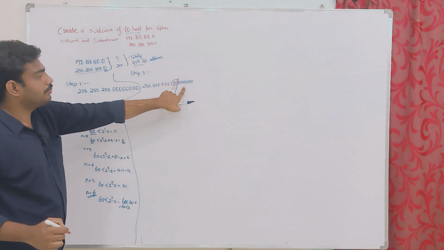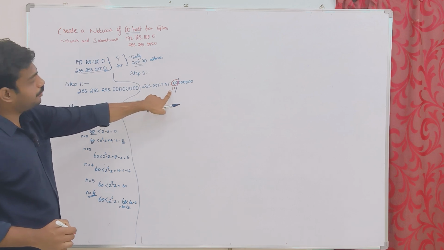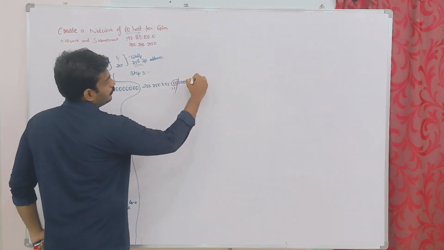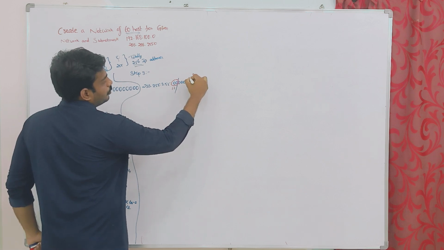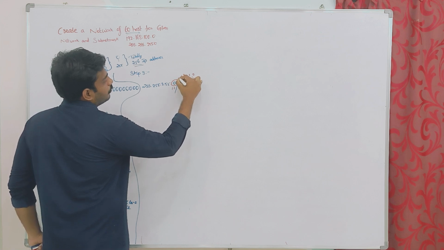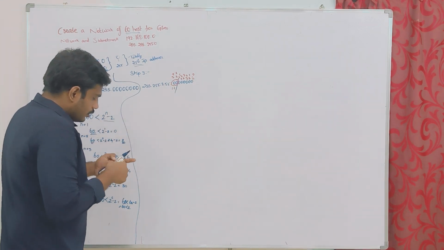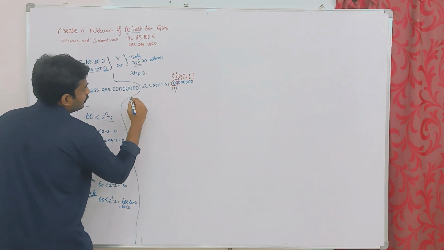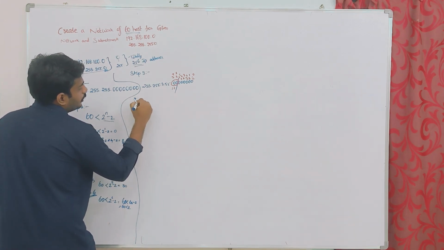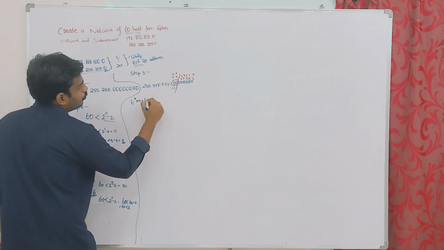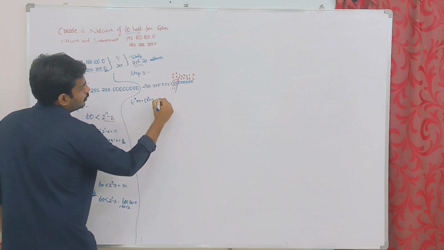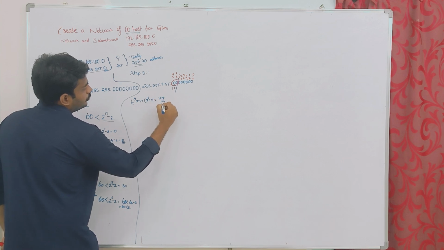Once you find the host portion, the rest of the portion you change into 1 and multiply with 2 power 0, 2 power 1, 2 power 2, 2 power 3, 2 power 4, 2 power 5, 2 power 6, 2 power 7. Now you multiply 2 power 7 into 1 plus 2 power 6 into 1: 128 plus 64, which gives 192.